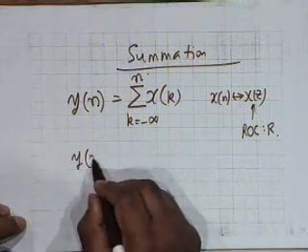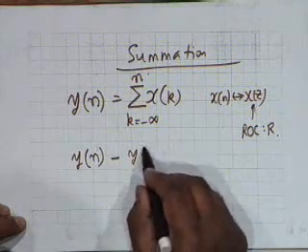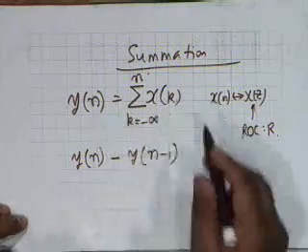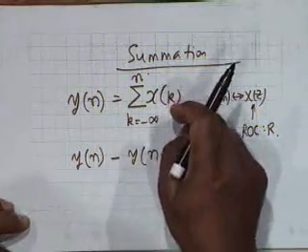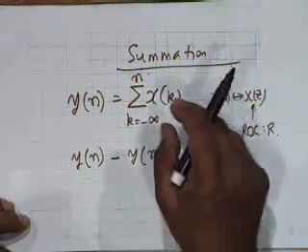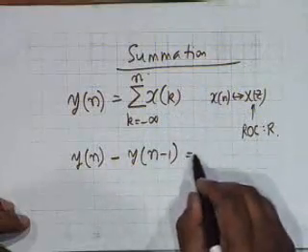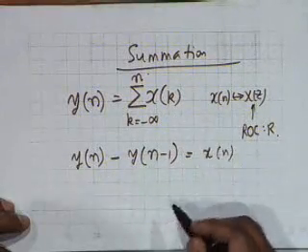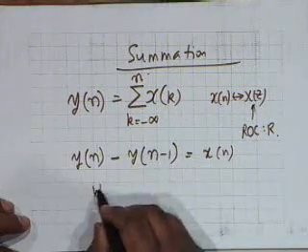Obviously, y of n minus y of n minus 1 is equal to x of n. This is a very clever trick. This we have done earlier also in the analysis of discrete time systems.